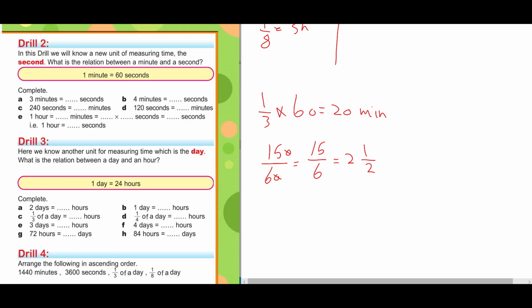Look at drill 2. Letter A. 3 minutes equals how many seconds?